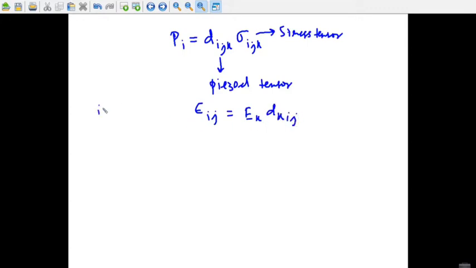This is the inverse piezoelectric effect, where the strain of the material is related to an external electric field by this equation, where epsilon is the strain tensor and E is the electric field vector. Both effects can be measured.